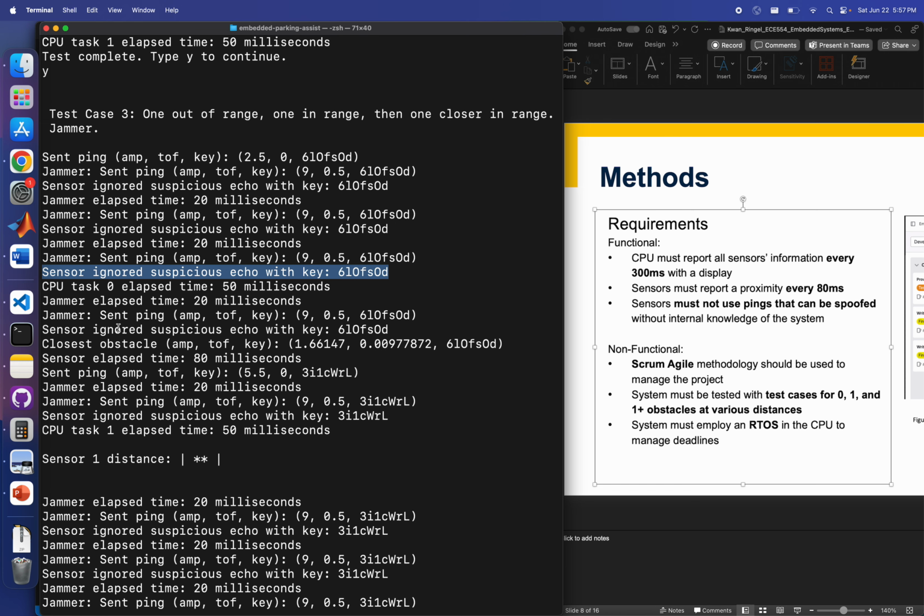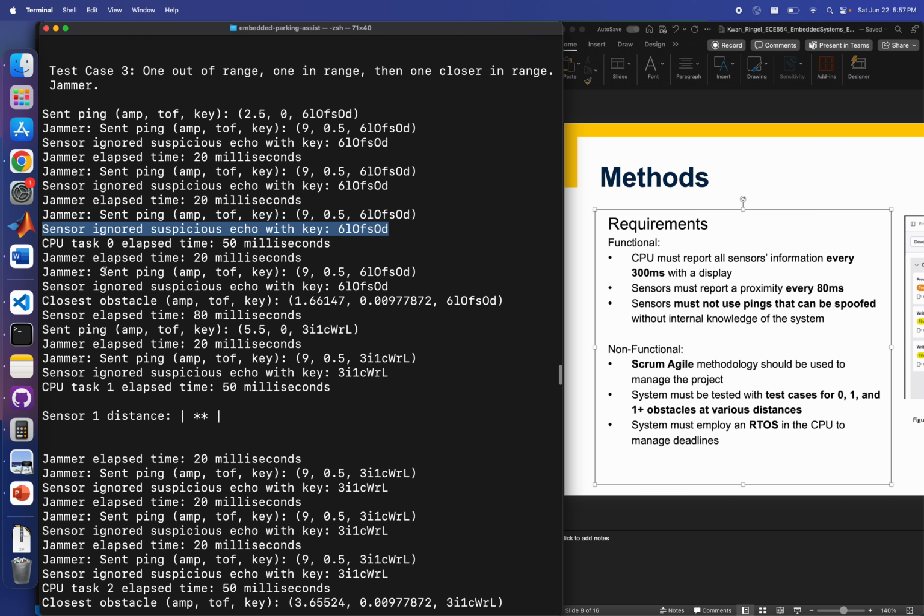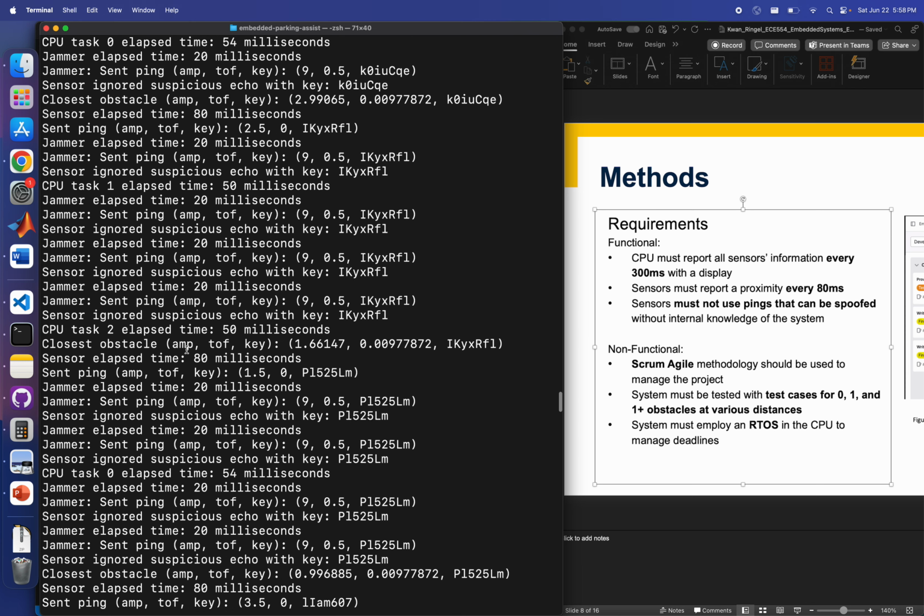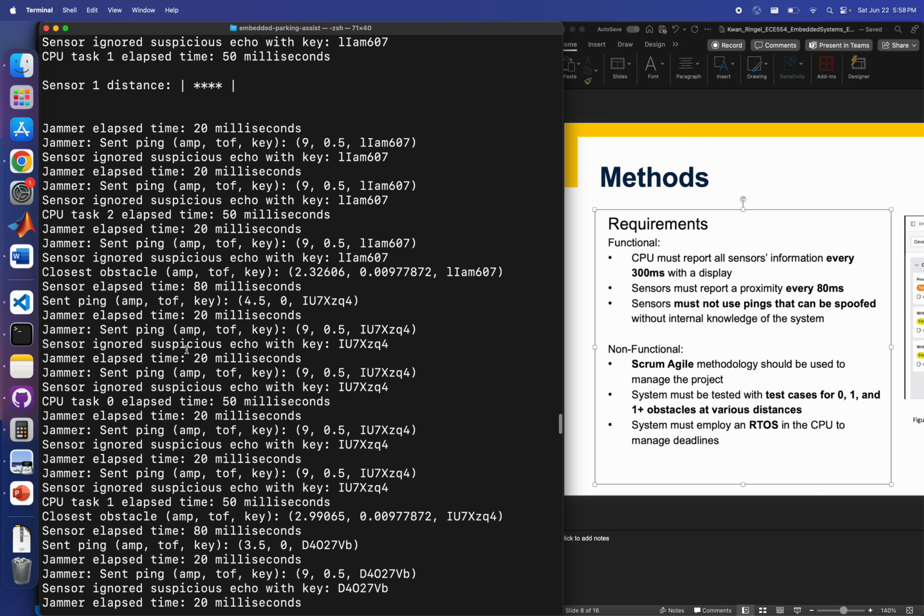So even with the sensor being jammed, the CPU and the sensors still were able to keep pace. You'll see that the jammer comes out every 20 milliseconds, but the CPU tasks stay at 50 milliseconds each, and the sensors tasks stay at 80 milliseconds each. And displays still occur every 300 milliseconds.